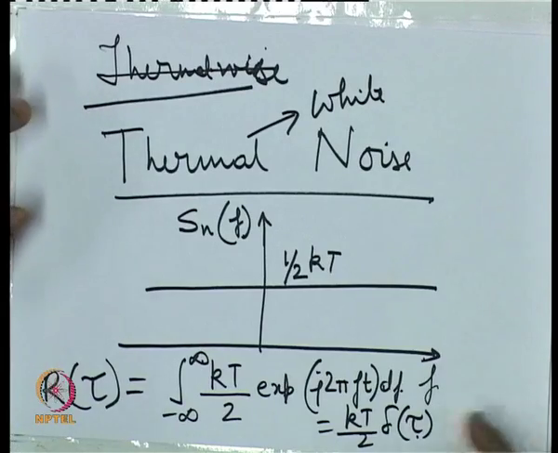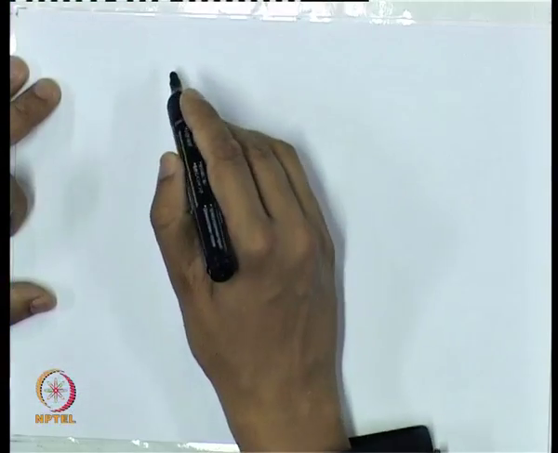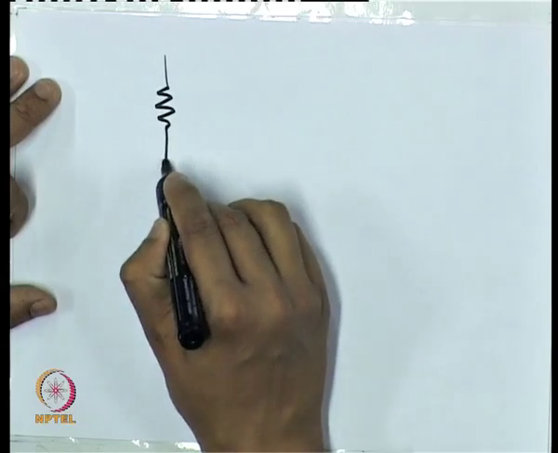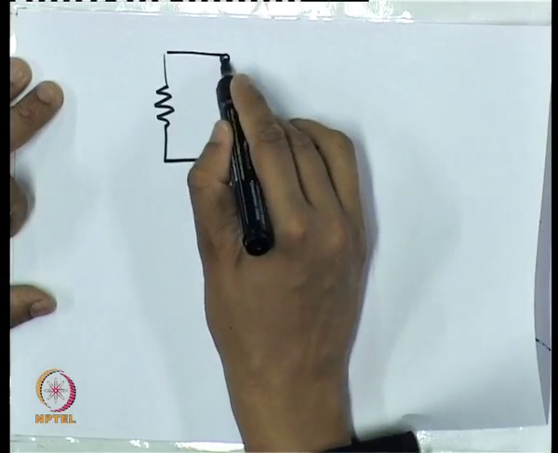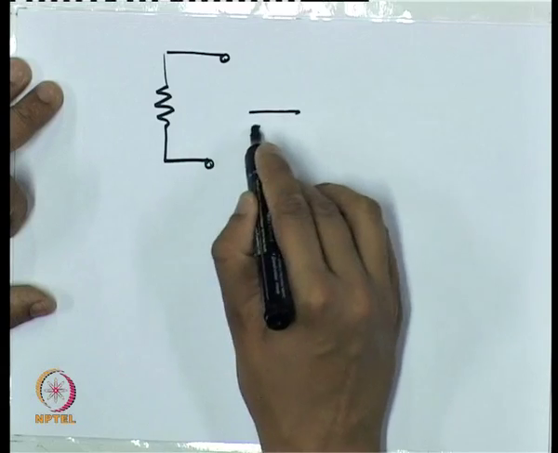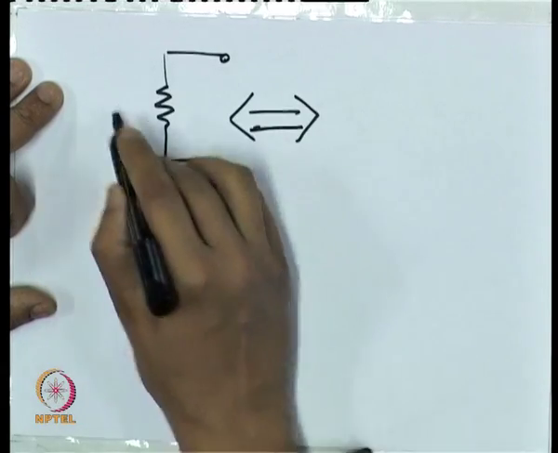Now, it can be shown that for a simple resistor, if we consider the noise power present inside the resistor, the noise power can be given by this equation.